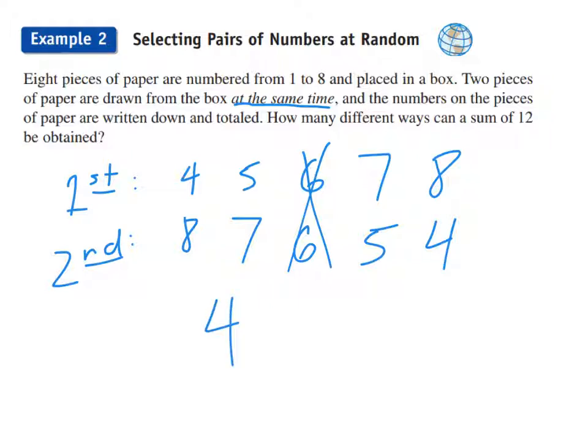Even though I'm taking those at the same time, I still have to count those as different outcomes. It probably is more helpful to think about it that you take 2, but you don't put the first one back. Mathematically, that's the same as taking 2 at a time. So a 5 and then a 7, and a 7 and then a 5, those are different outcomes. And this can happen 4 different ways.